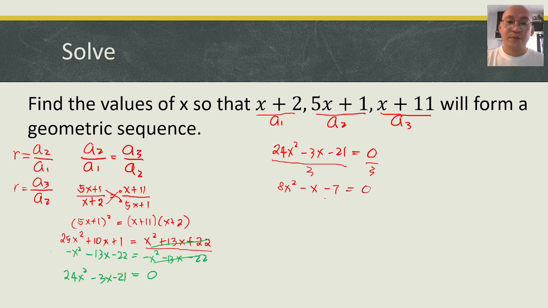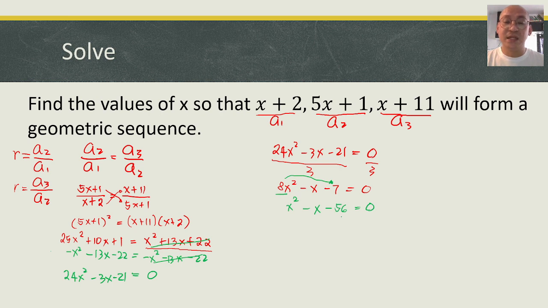We can now factor this quadratic equation. We have one video discussing how to factor a general trinomial where we have a value of a. If we have a value of a, we let the value of a be multiplied first to the c value, and that will give us a new equation of x squared minus x minus 56 is equal to 0.